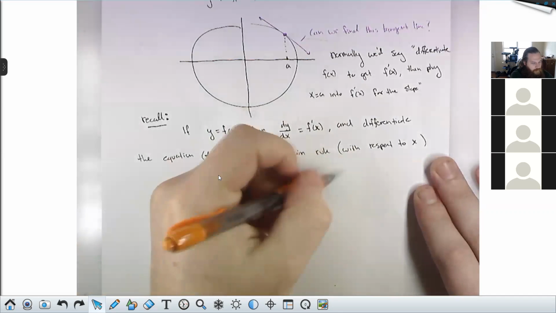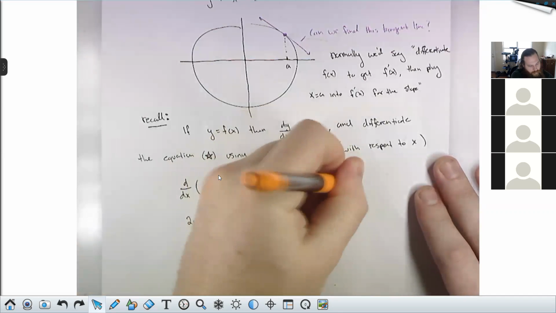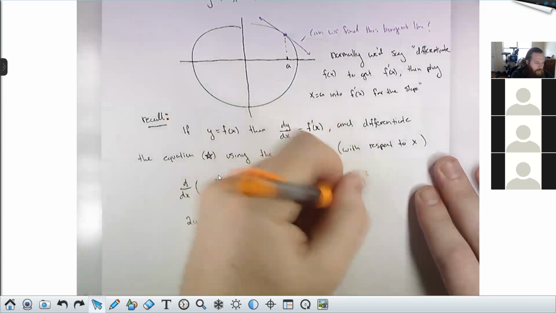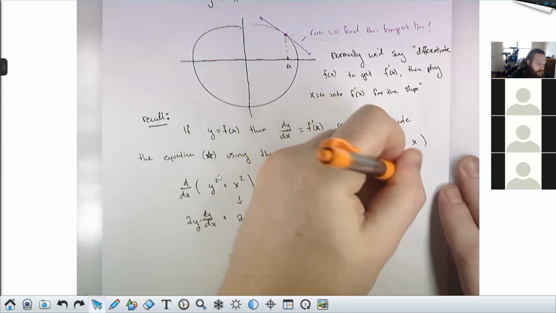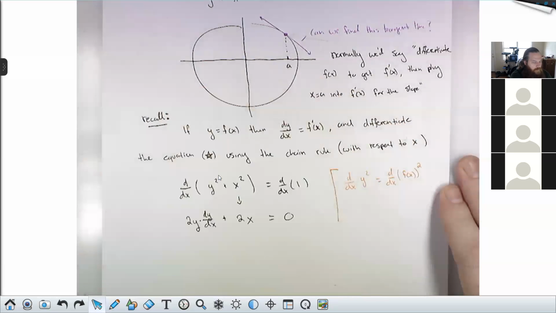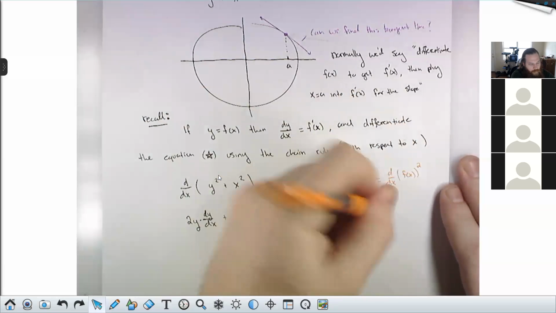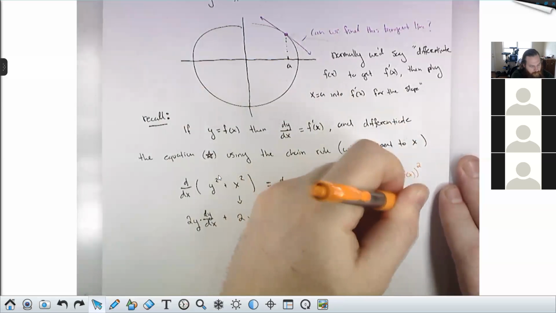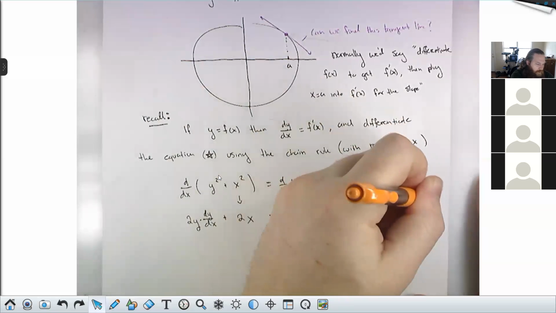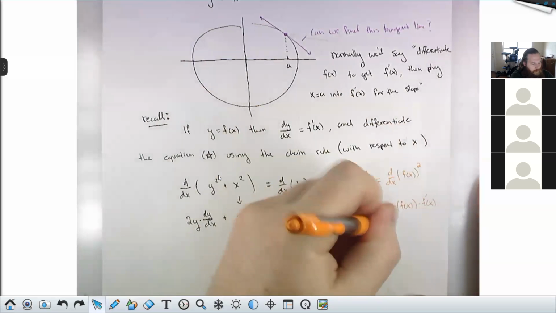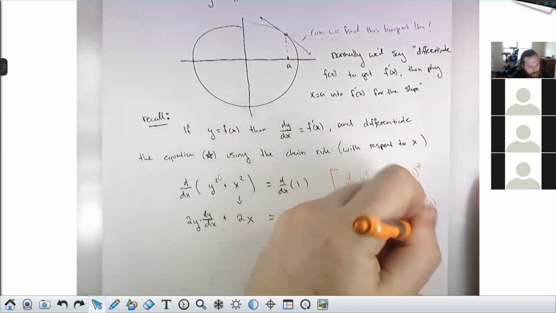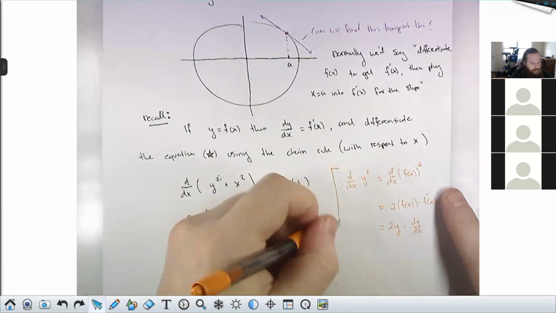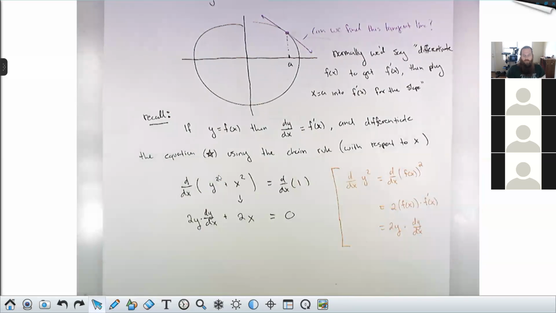I'll put the explanation over here. d dx of y squared is like d dx of f of x all squared, which by the chain rule should be 2 times f of x times f primed of x, which is 2y, f of x is y, times f primed is dy dx. Okay, this is called implicit differentiation, and it's a really useful trick.